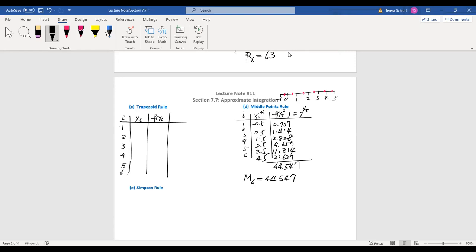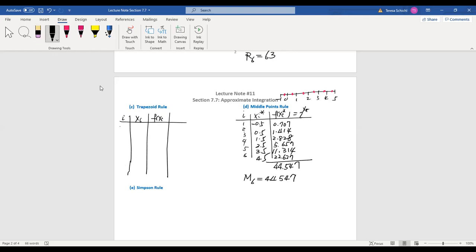The xi is negative 1, 0, 1, 2, 3. Oh, I'm missing something here. With the trapezoid, we need to be careful. All right, so let's start over again.